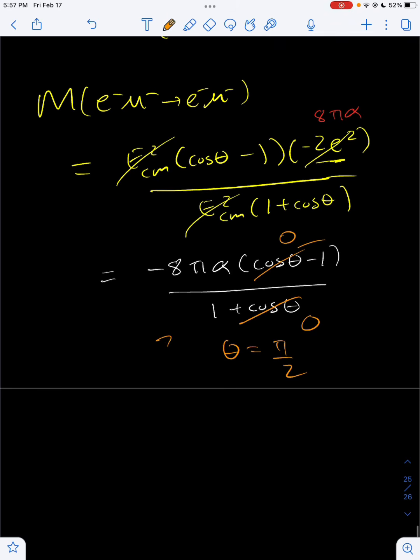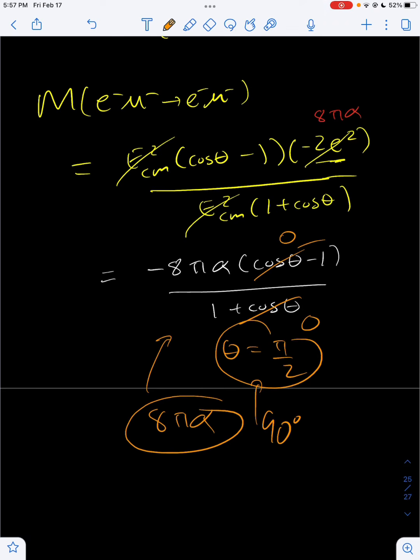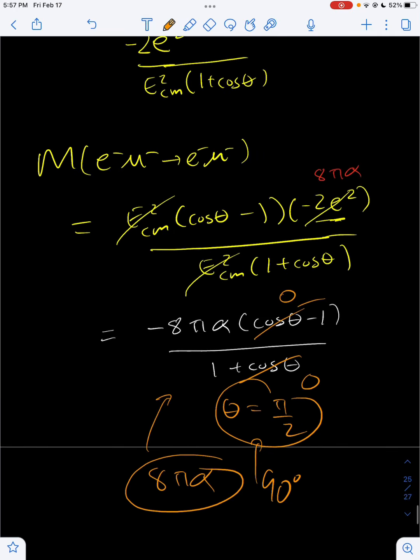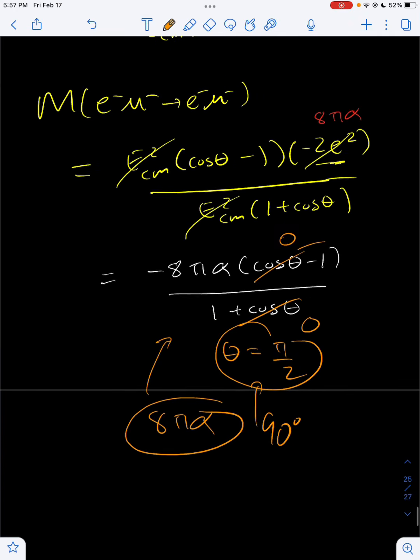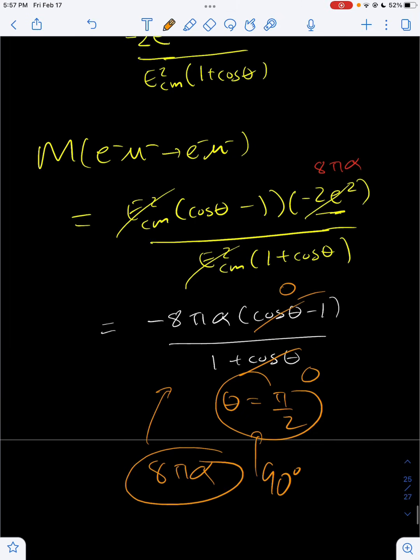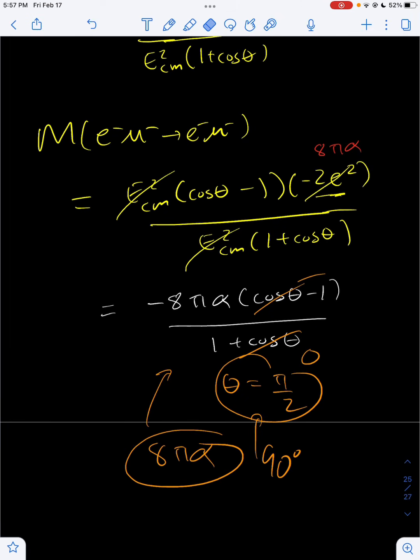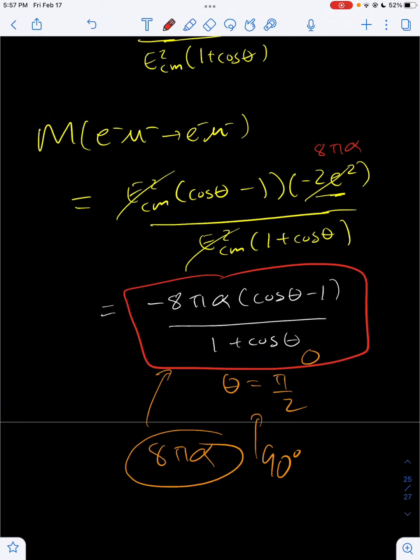So you would just be left with 8 pi alpha for our answer, which is close to what the guy said in the video, if we assume that the angle at which they are scattering is 90 degrees. So yeah, this is pretty much it actually. Our actual answer for the matrix element is going to be what is in the yellow box, or let's use the red box right over here.